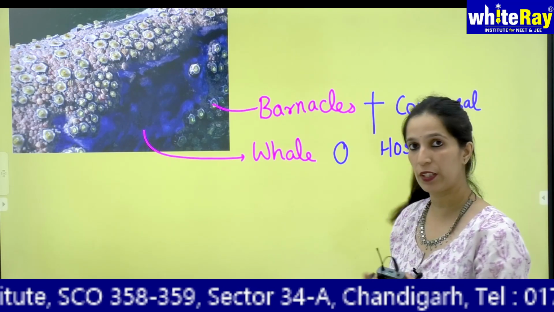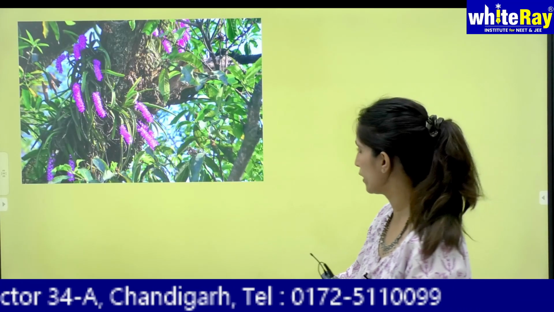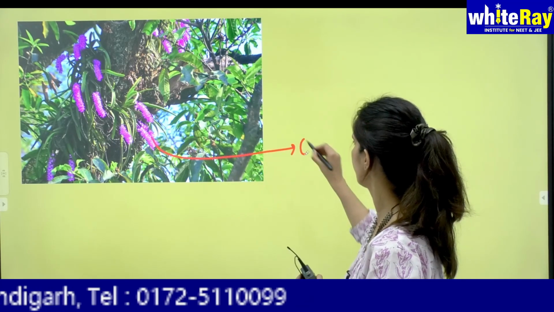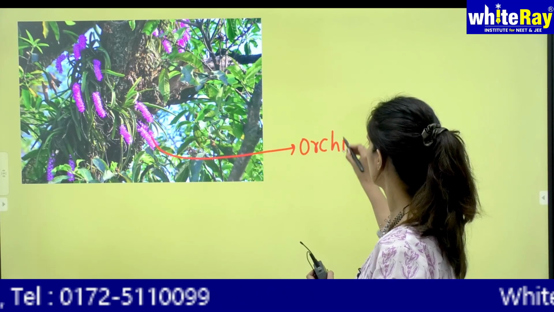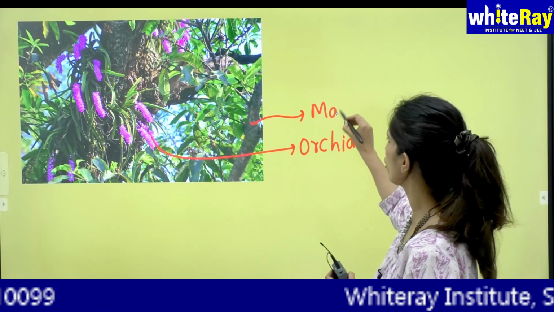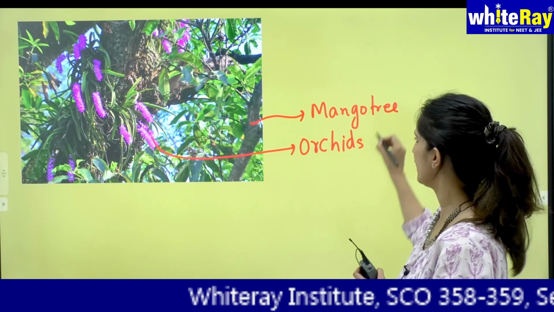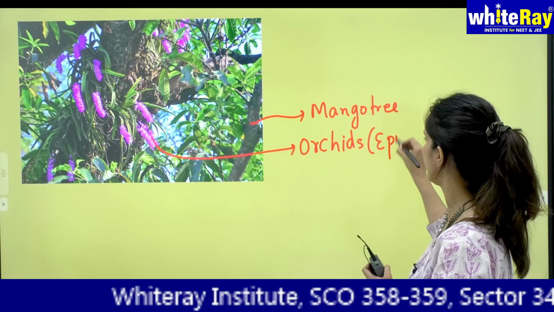Second example that I give you of commensalism is a very important example, orchids growing on a mango tree. Here orchids are epiphytes.